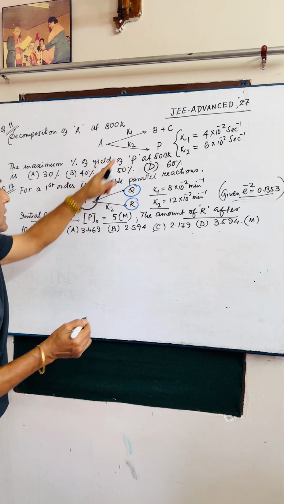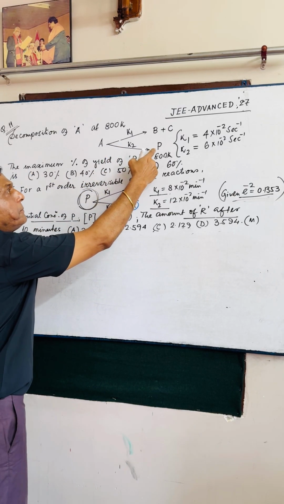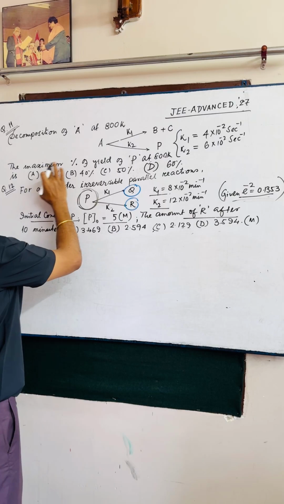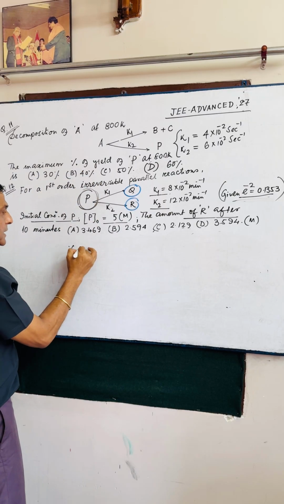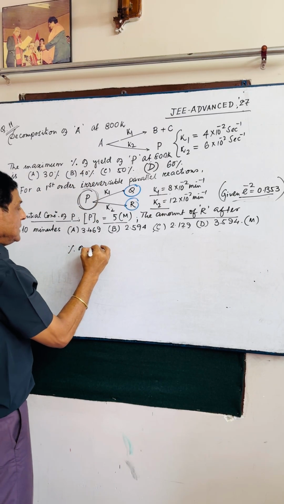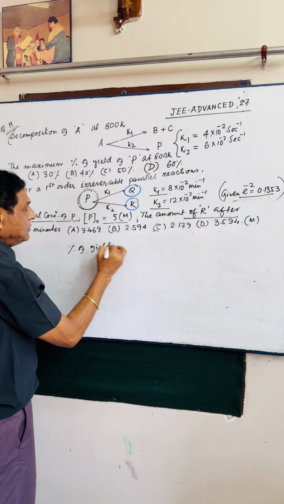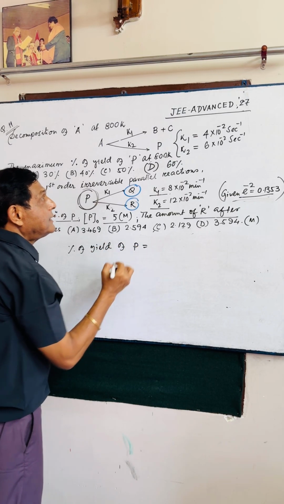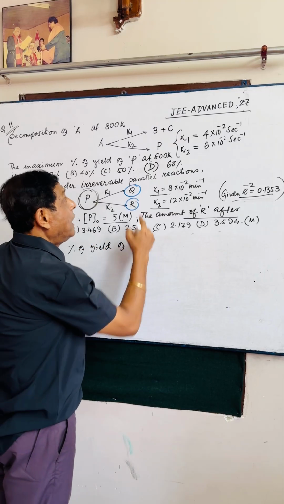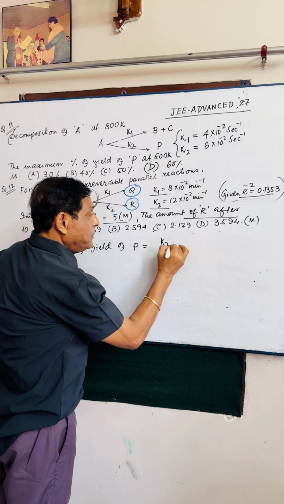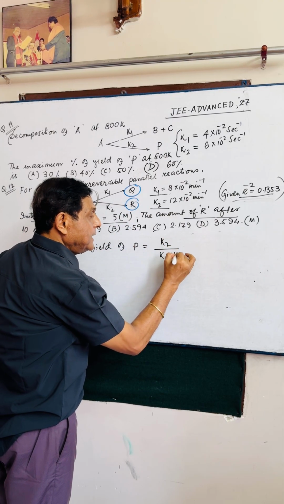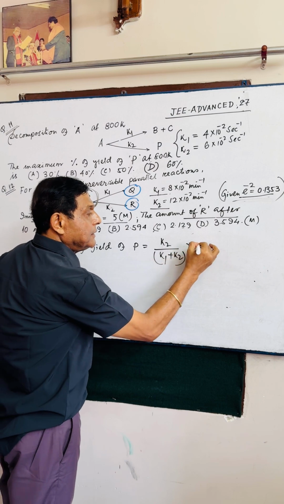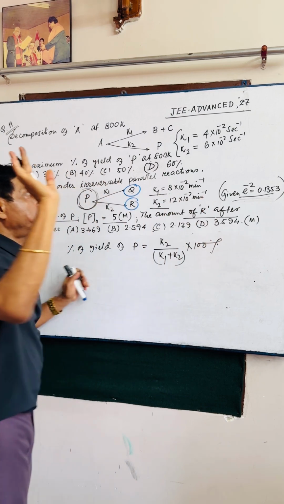If I want to calculate the maximum percentage of yield of P, the maximum yield of P is equal to K2 by K1 plus K2 into 100. This equation is simple.